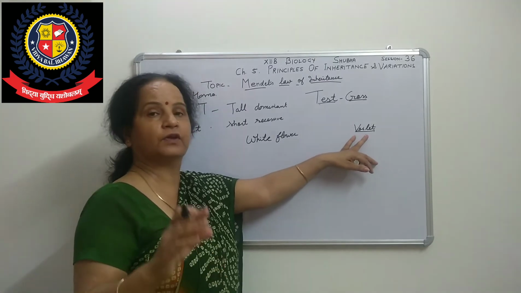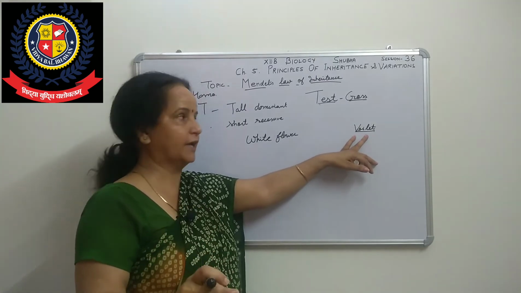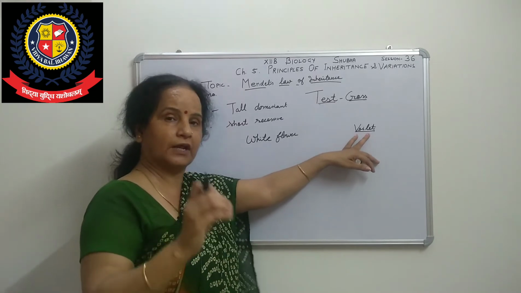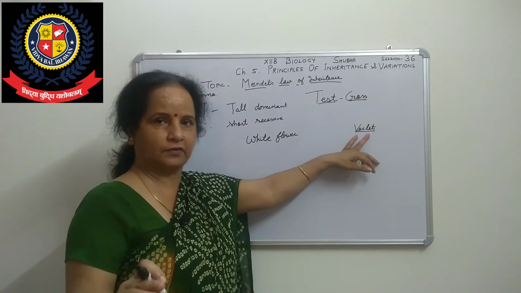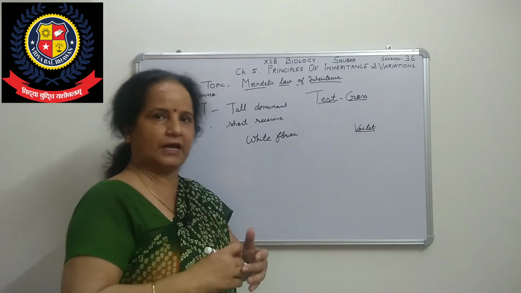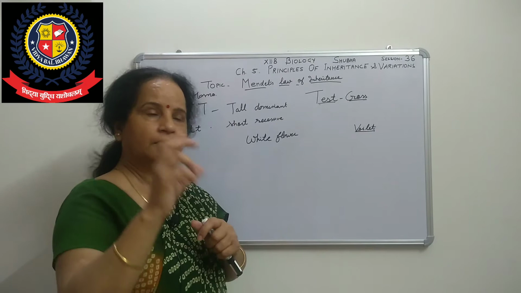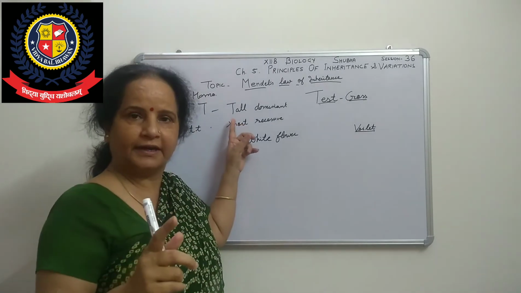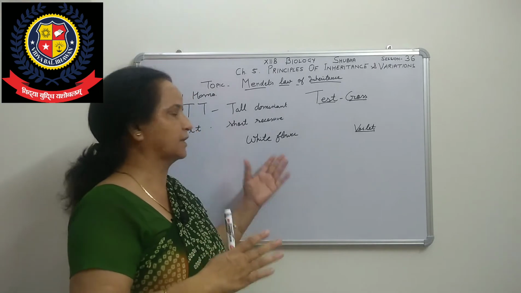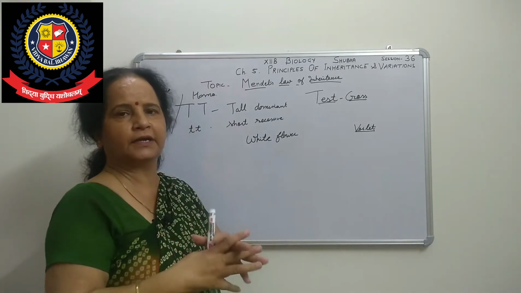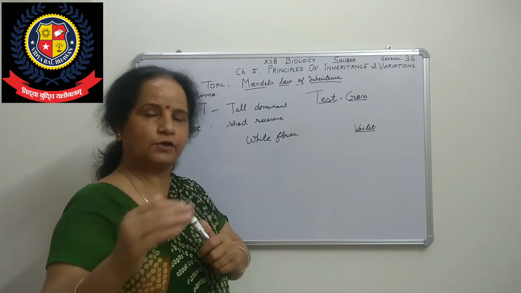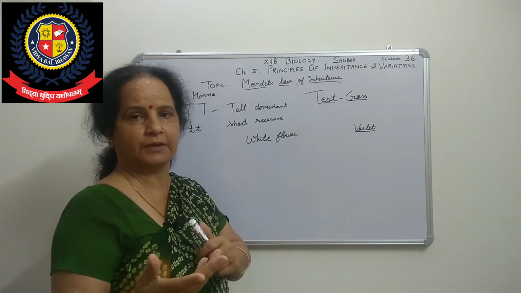How can we know the genotype of this dominant flower? As I told in the previous class, a dominant trait, maybe tall plants or any other dominant trait, can be homozygous or heterozygous; in both it can be.